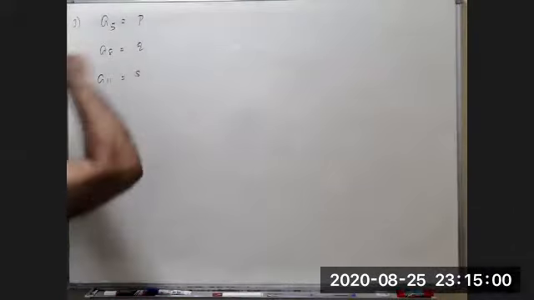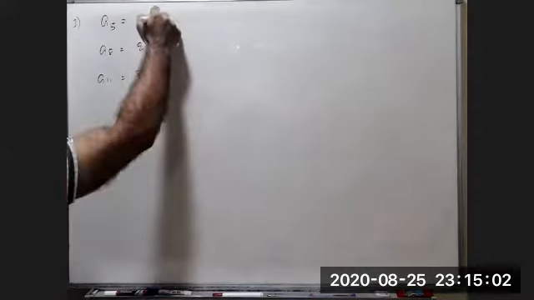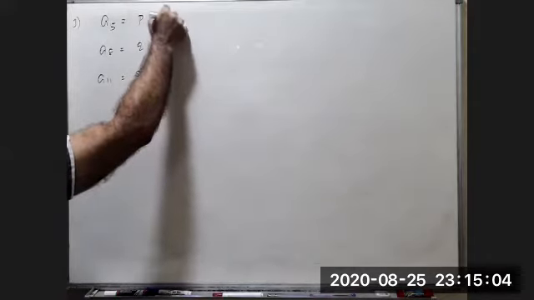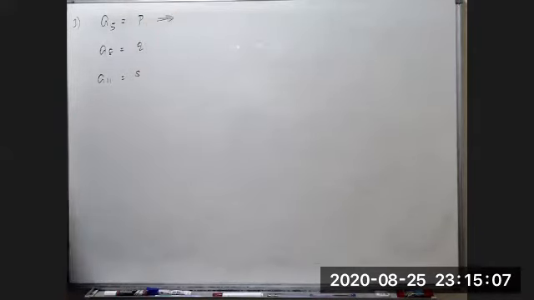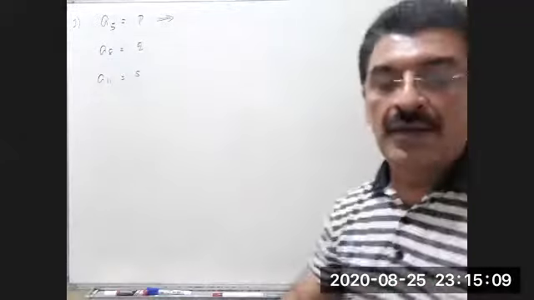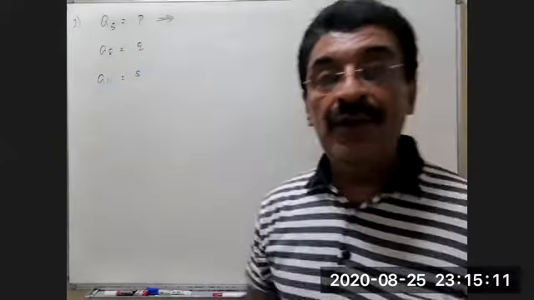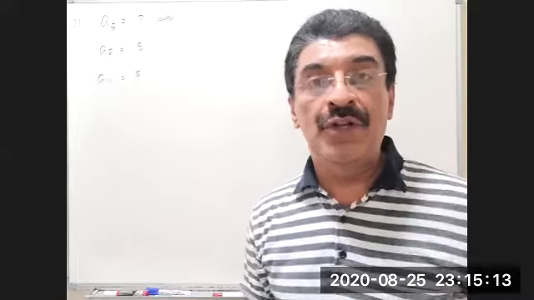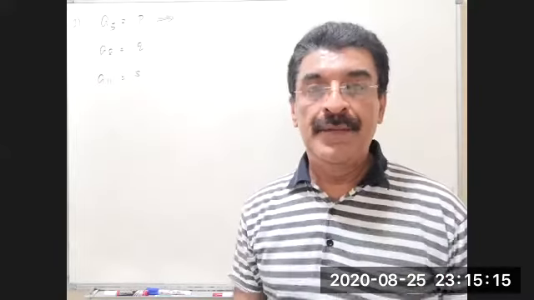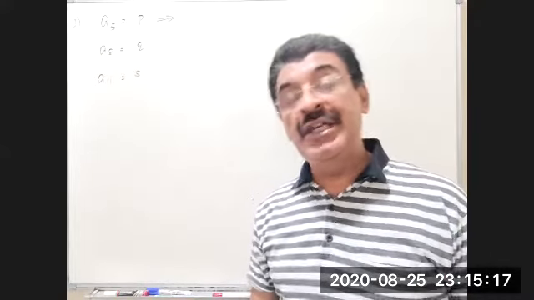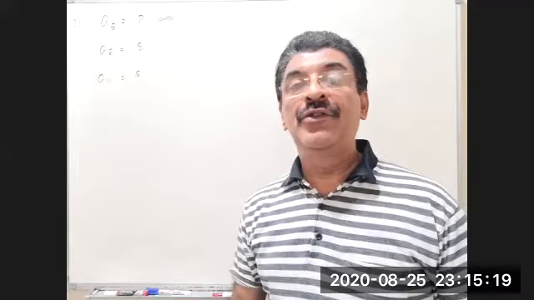See, the 5th term is P. In AP, if A5 is given, we can write the corresponding equation A plus 4D. In GP, A5 means what?